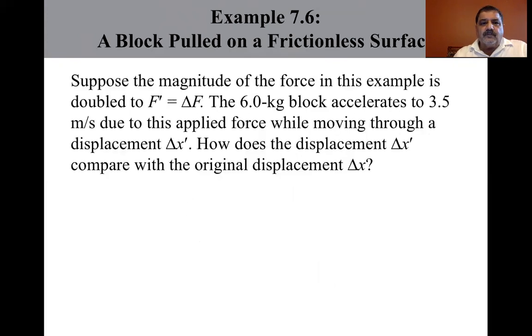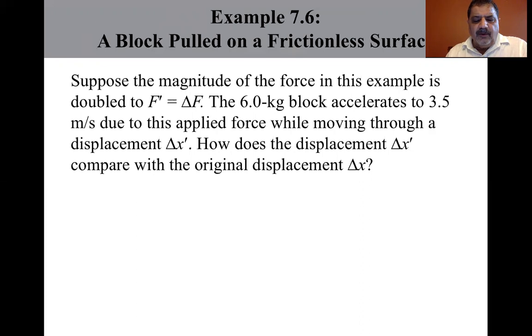Now, suppose the magnitude of the force in this example is doubled to F prime equals 2F. The 6 kilogram block accelerates to 3.5 meters per second due to this applied force while moving through a displacement of delta X prime. How does the displacement delta X prime compare with the original displacement delta X?